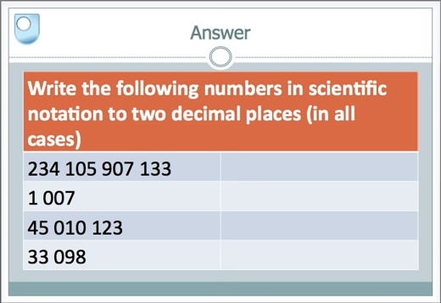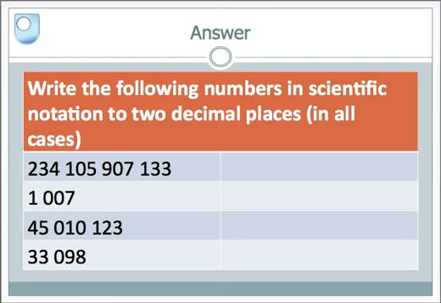Let's see how we would write down these numbers in scientific notation, leaving the answer to 2 decimal places. Okay, the first number is not very attractive. It's 234,105,907,133. What a horrible number. But let's represent it in scientific notation by first of all moving the decimal point the right number of places to the left.